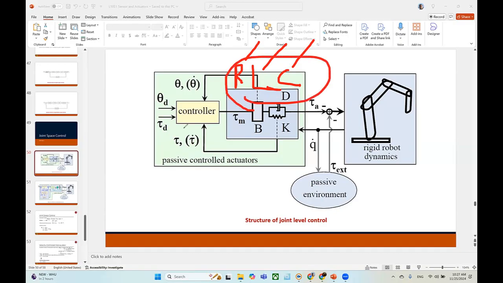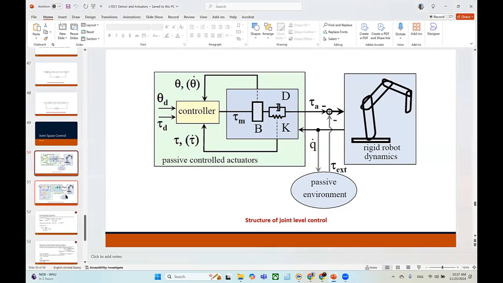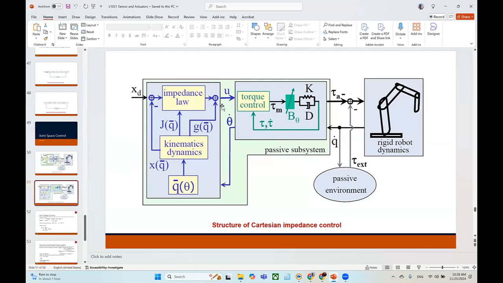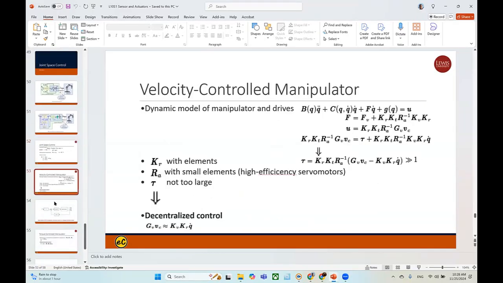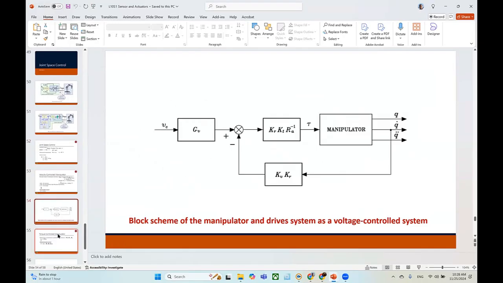So RLC and controller can all be replaced by digital discrete equations to model it. So you actually put the impedance law and kinematic dynamic and also torque control. You calculate here and then you control your loop system to control your robot. And there are tons of different kinds of mess over there.